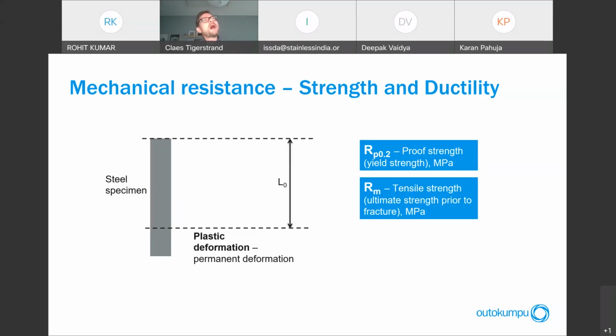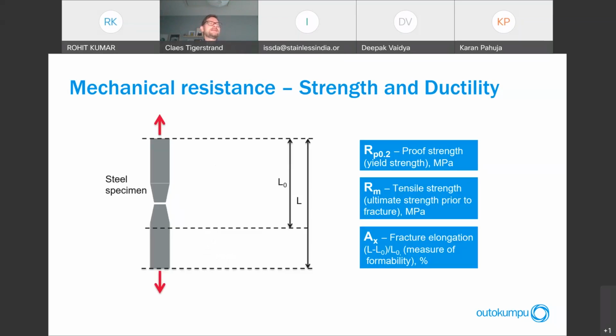And if you look at how much you can actually elongate the specimen before the fracture, you see the final length is L, and you look at the difference between L and L0 divided by the original length. Then you get the measure of the formability of a material, or actually the fracture elongation, where you use the A value, and then there are some different ones.